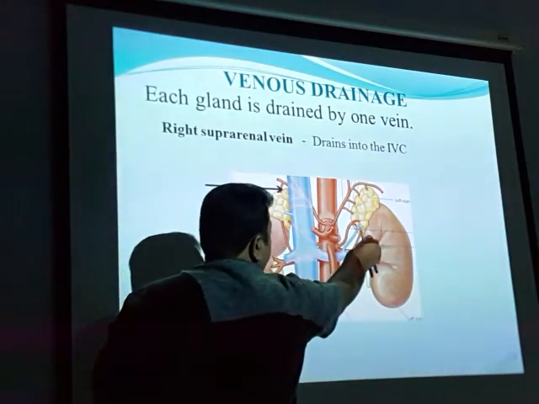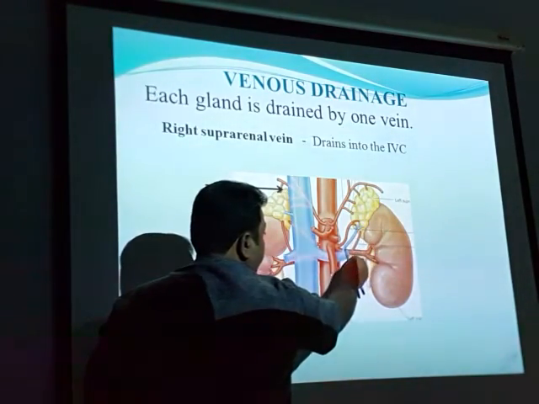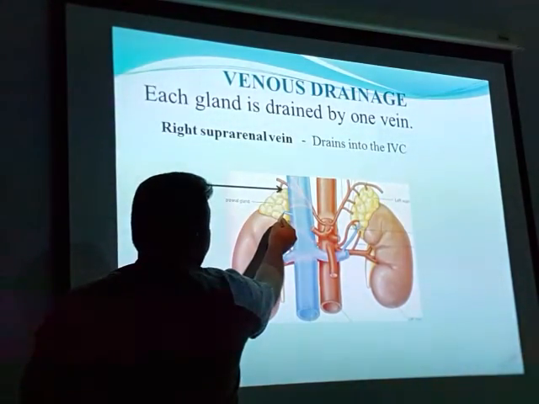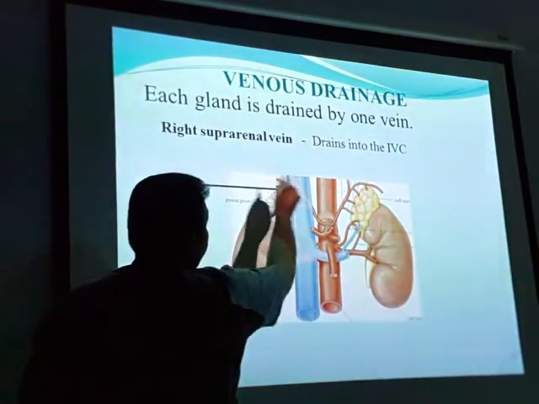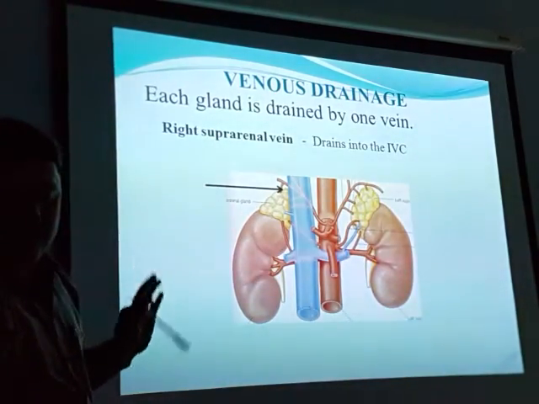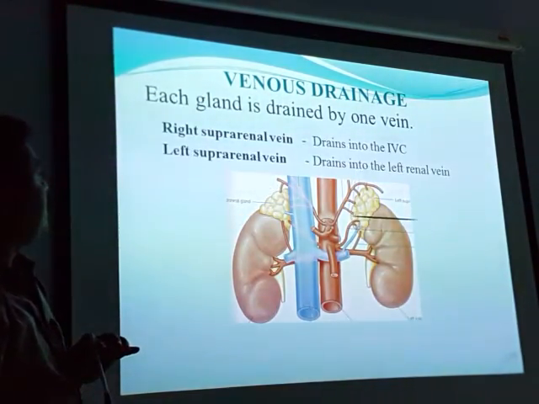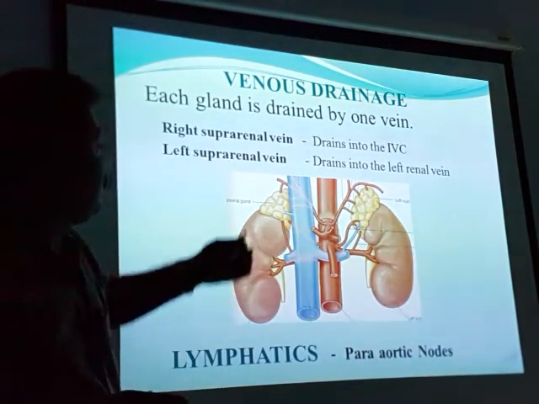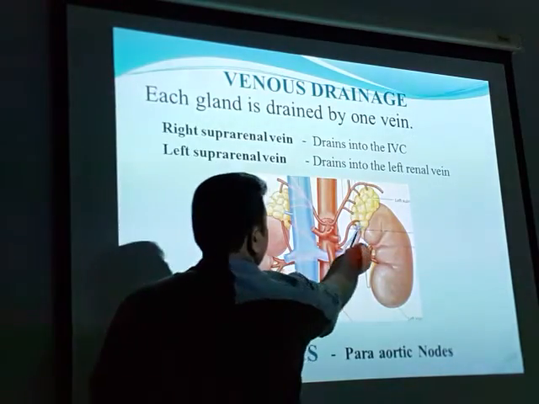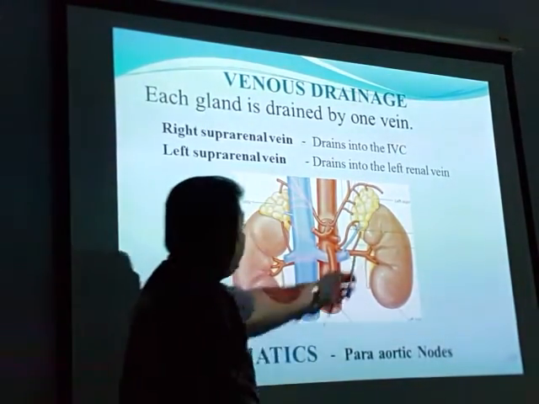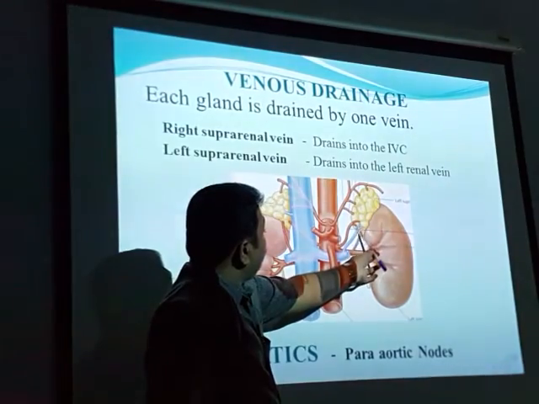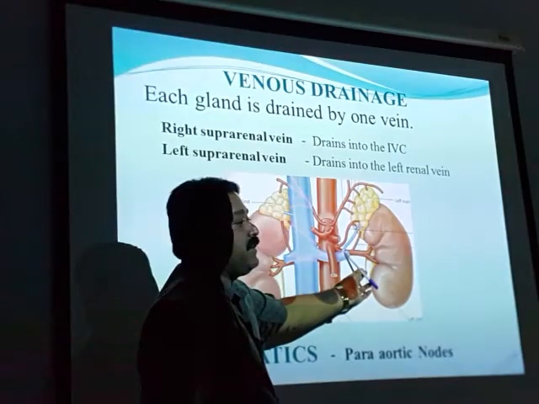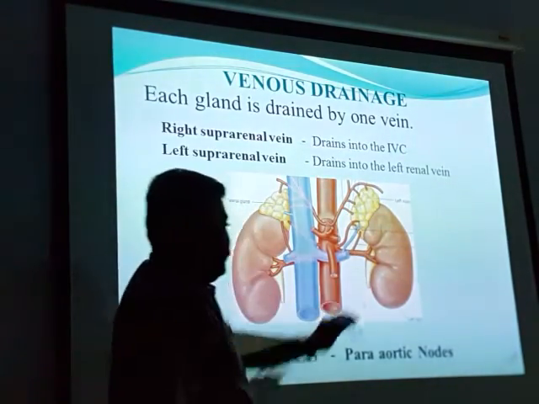So the left suprarenal vein drains into the left renal vein and the right suprarenal vein drains into the inferior vena cava.